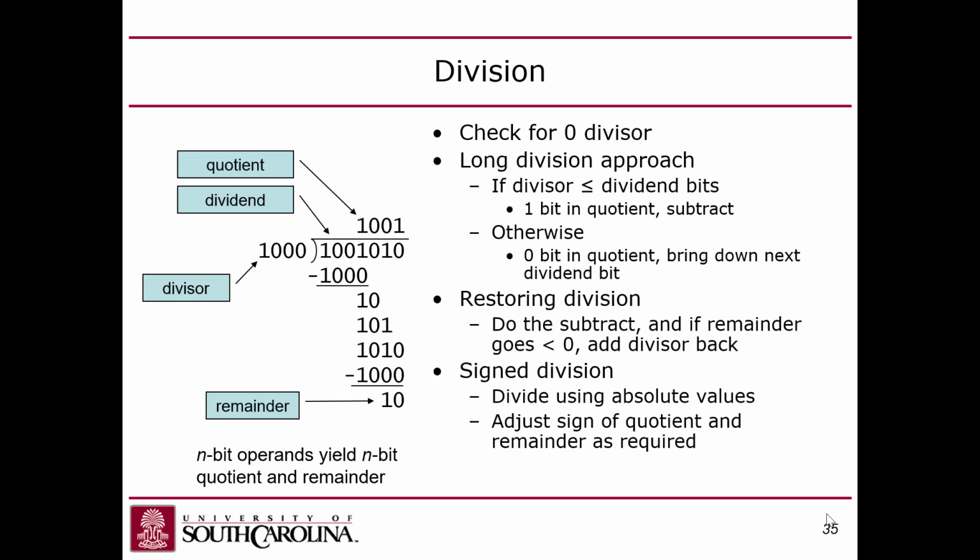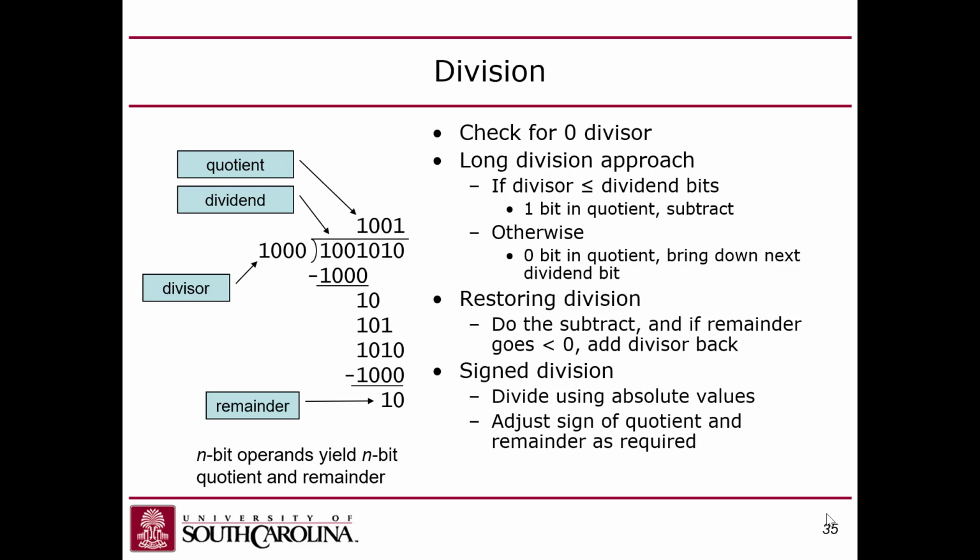Okay, how about division? How does division work? Let's say we want to divide 13, which is 1101, by 3. So 13 is the dividend, and 3 is the divisor.